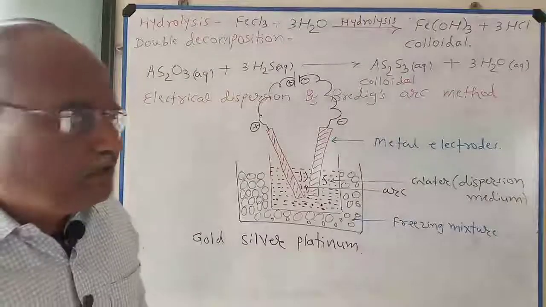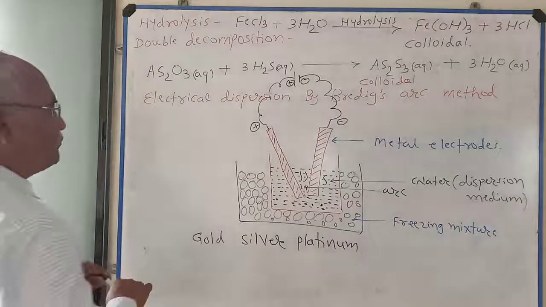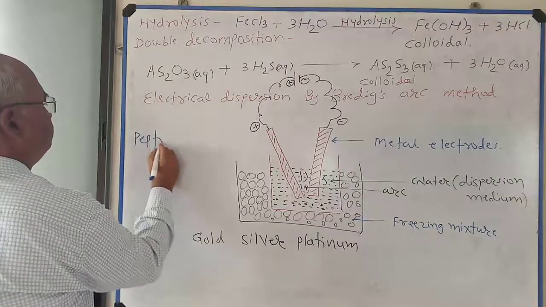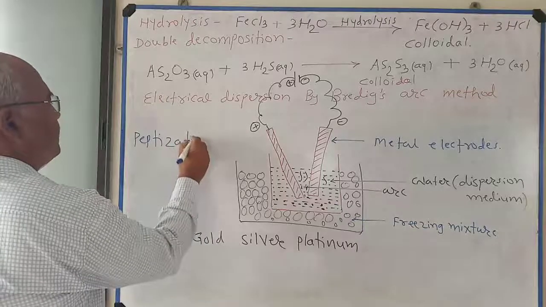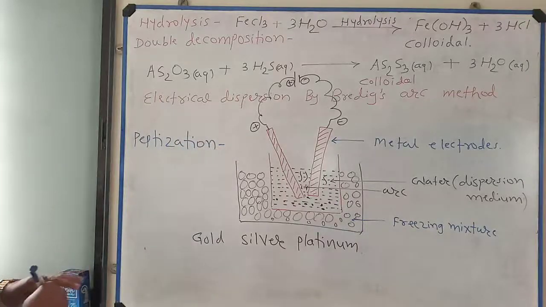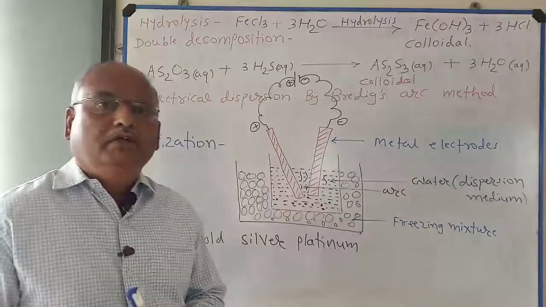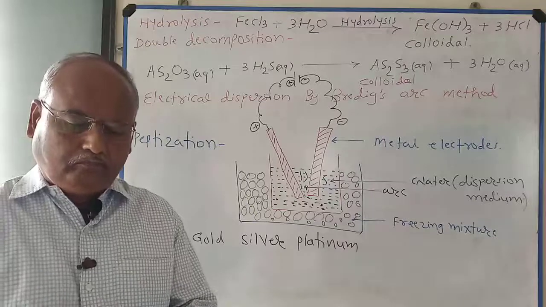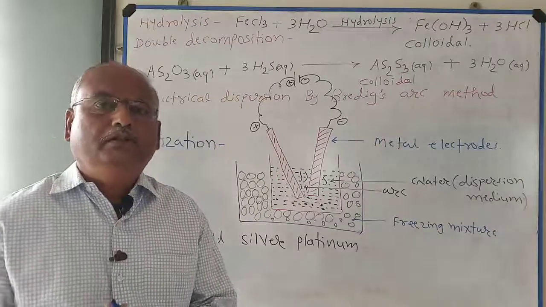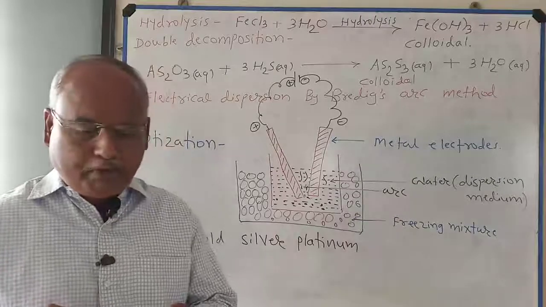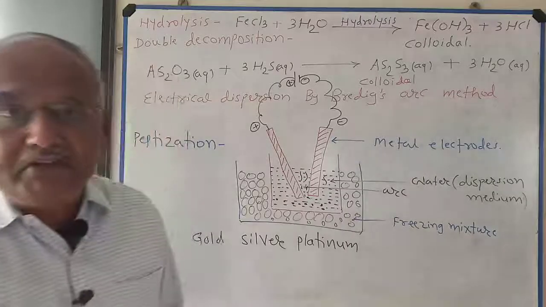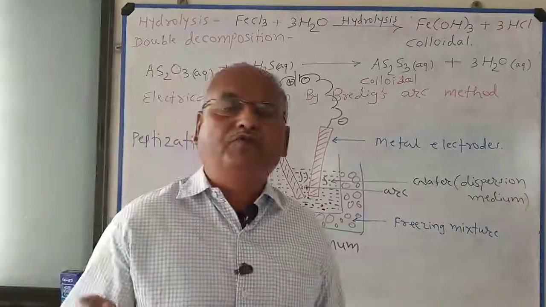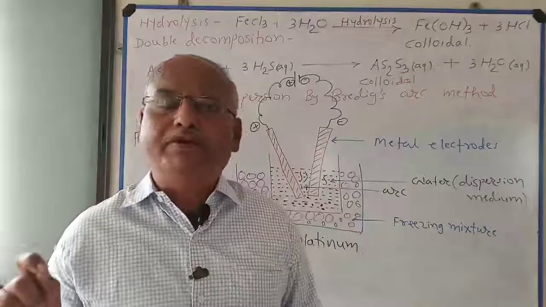After explaining this, I am going to explain the next method, peptization. Look here, the freshly prepared precipitate can be converted into colloidal size by addition of small amount of electrolyte.